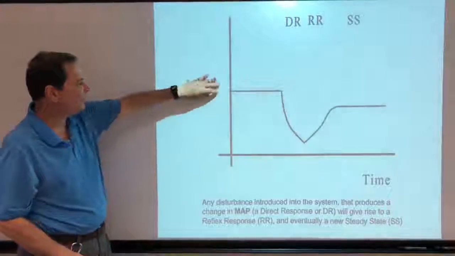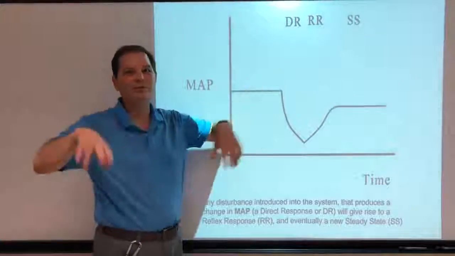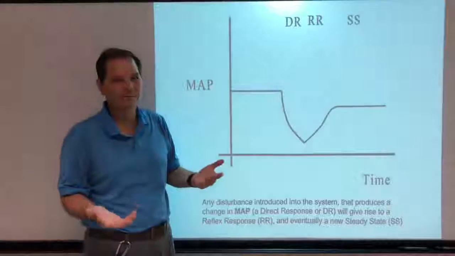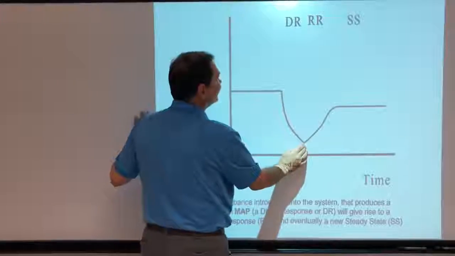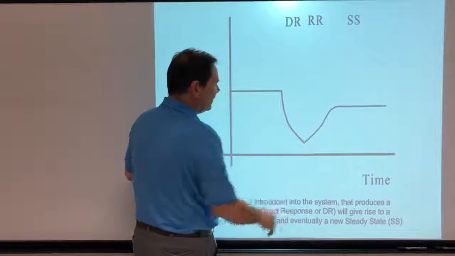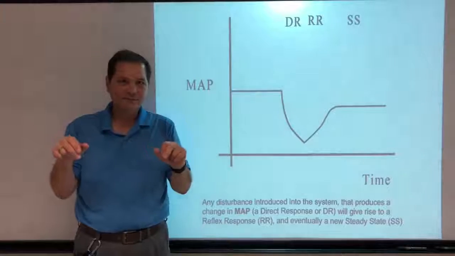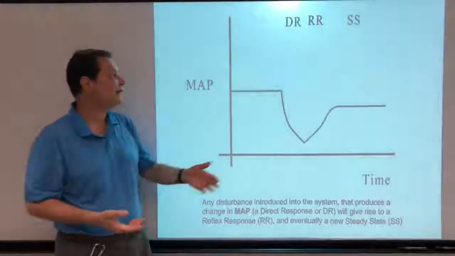Well, here's our mean arterial pressure, and here's time. At this point here, I do something. Let's say I give blood, and I get a decreased blood volume or something. And whatever that something is, it decreases the mean arterial pressure. The response to that something, in the absence of a reflex, is called the direct response.